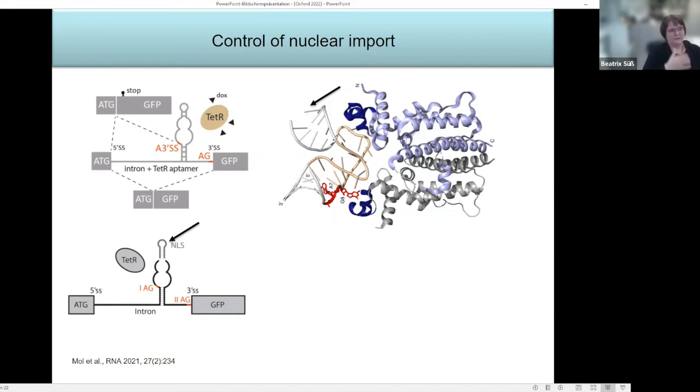Maybe somehow TET-R recruits some splicing factors that accelerate, or here this GA is maybe in the free form extremely fixed. Maybe the free form of the aptamer looks different, and the GA and the A7 is somehow stabilized within the aptamer structure.